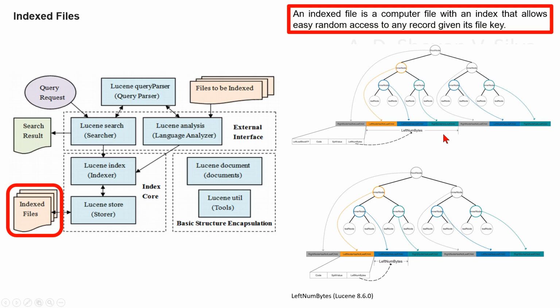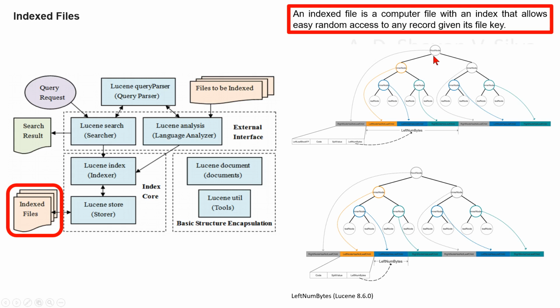The left num bytes describe the total size of one inner node's left subtree. It makes it so a reader can skip to the position of the inner node's right node in the .kdi file, and its left node is just in the next position.